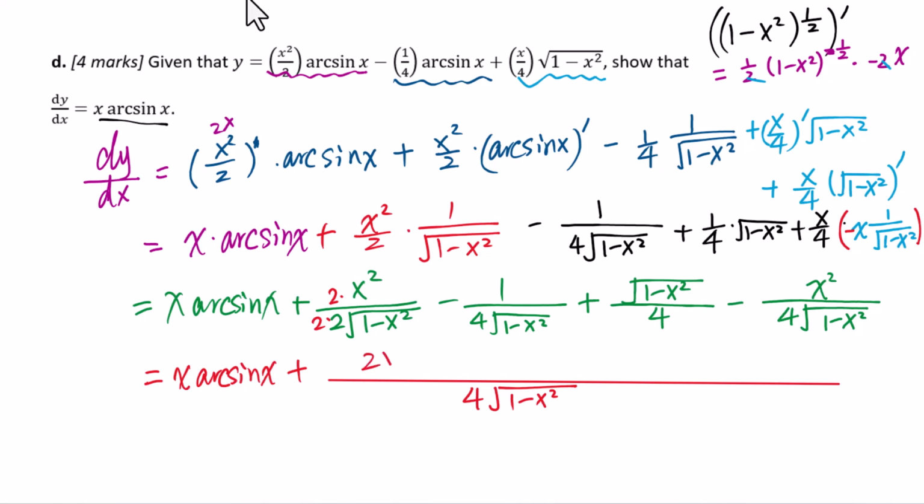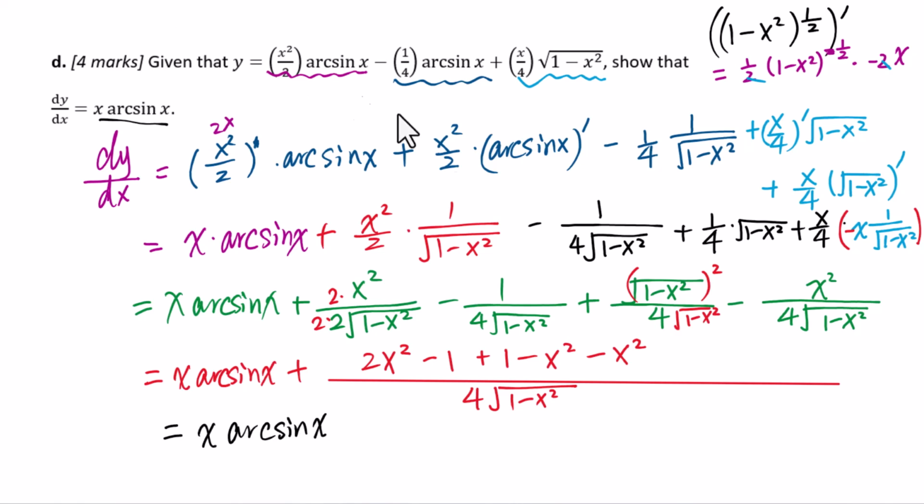We get 2x squared minus 1 plus square root of 1 minus x squared in the numerator and denominator, plus 1 minus x squared, then minus x squared. We got 0, so we get x arc sin x.